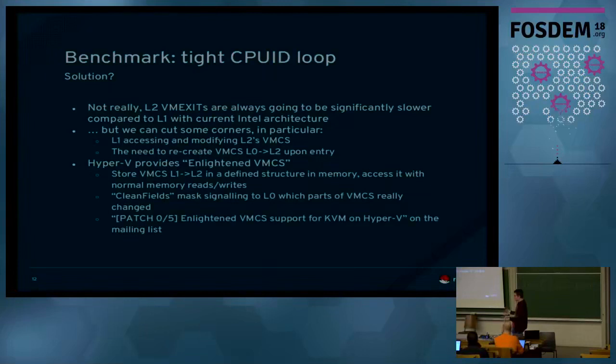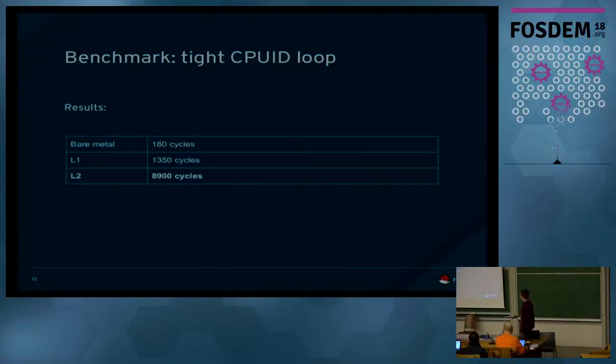So level 1 suddenly becomes aware, oh, I'm running nested, so I can try to help the level 0 hypervisor. I will try to tell it what I actually changed in the structure. So we don't need to analyze the whole state, because if level 1 was changing something in the structure, we have no access to it, we don't know, right? So they created this PV protocol for the interaction, and the PV protocol is significantly faster.